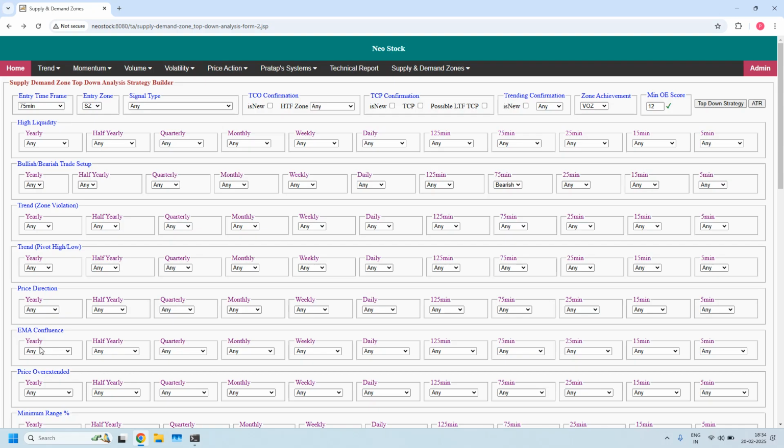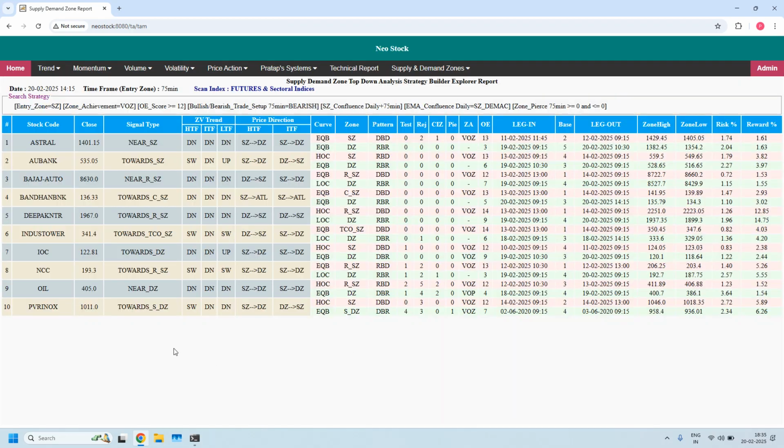So in the daily time frame, I am setting the filter daily supply zone having daily EMA confluence or not. Because 75-minute supply zone is overlapped with daily supply zone and also daily trend is downtrend. It is bearish trade setup. Now let's filter the stocks. Now the list has come down to 10 stocks. So these 10 stocks are having even more high probability to get the success.